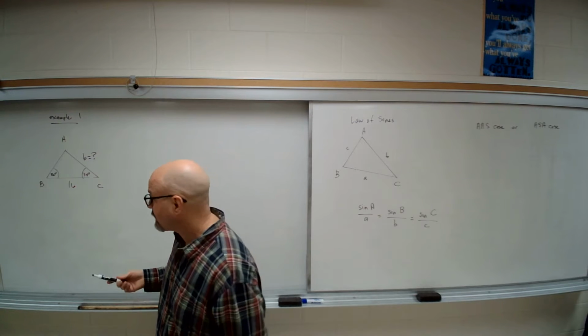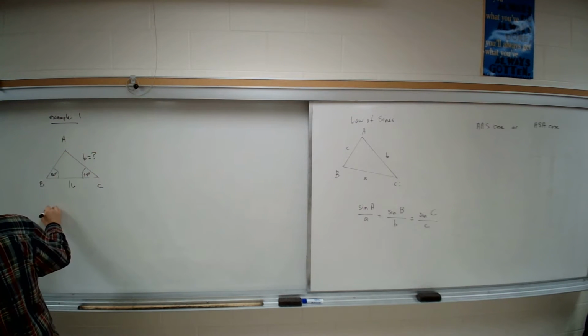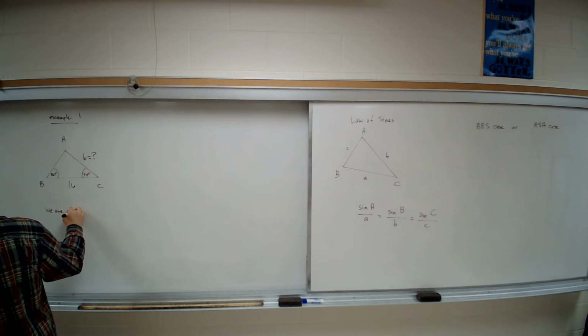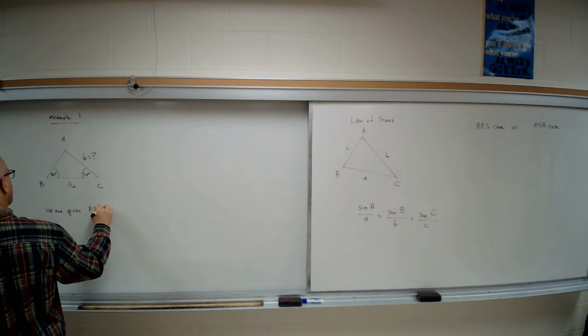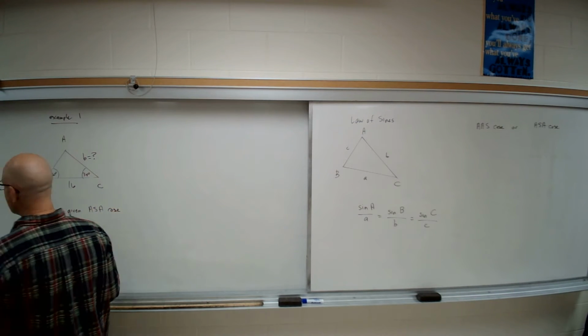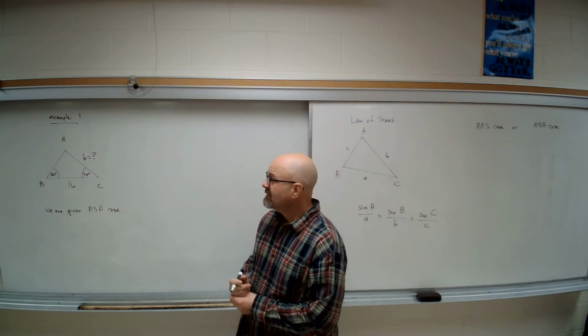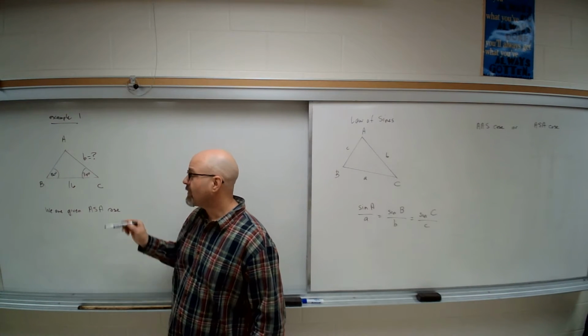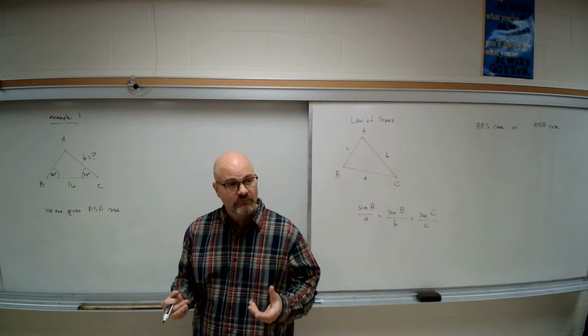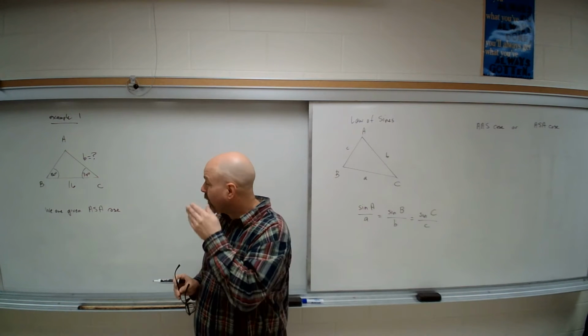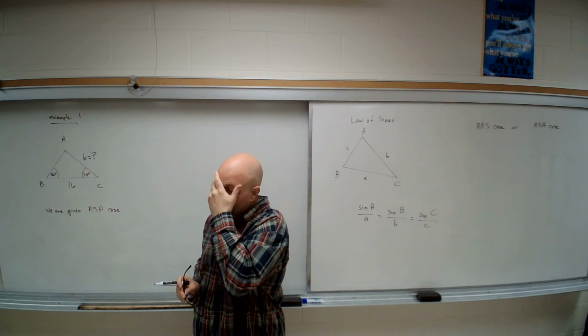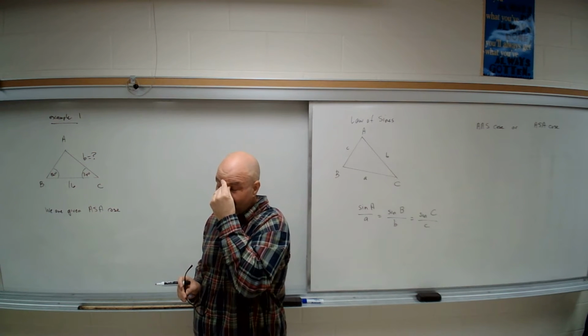So the information we are given would be an angle-side-angle case. On this one, kind of unusual, it just asks us to solve for one side, which we'll be able to do.